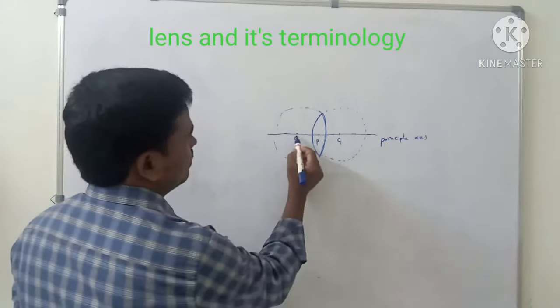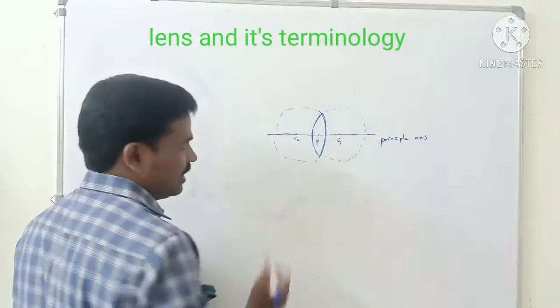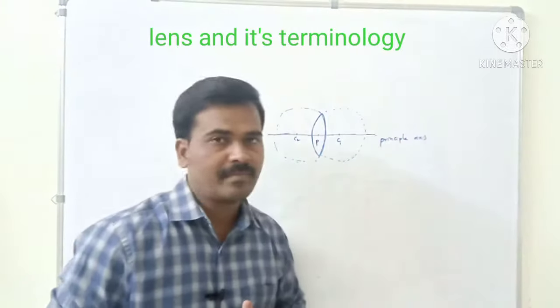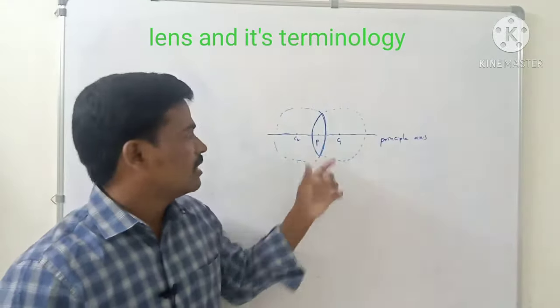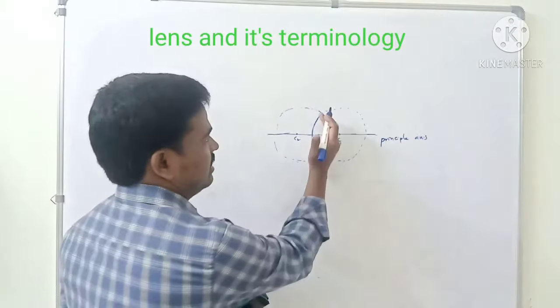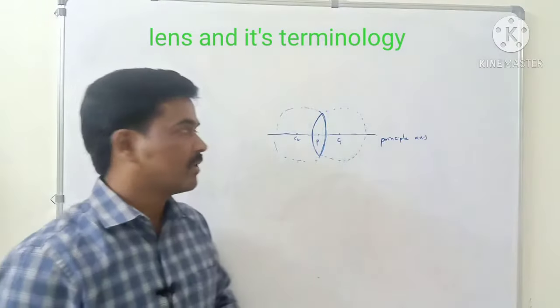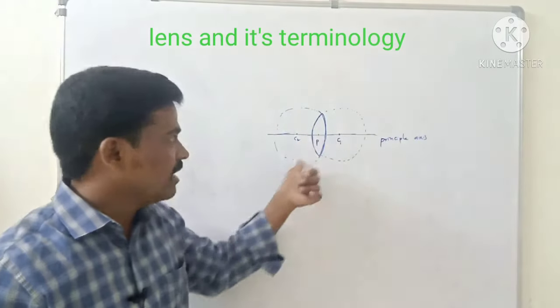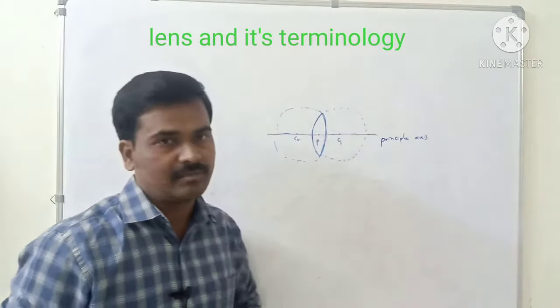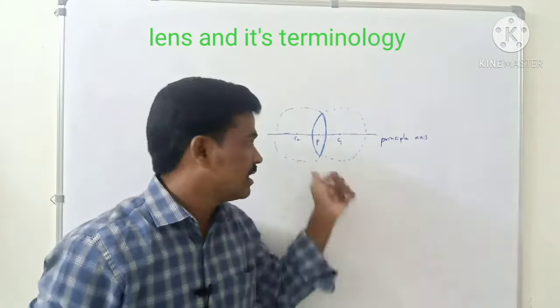The line joining C1, C2 and P is called the principal axis. Having two curved surfaces, we must have two centers of curvature, one for each curved surface. The center of curvature is the midpoint of the sphere in which the curved part lies.